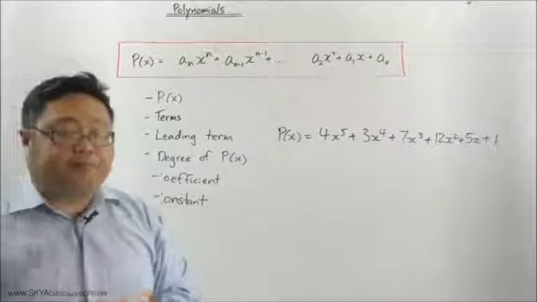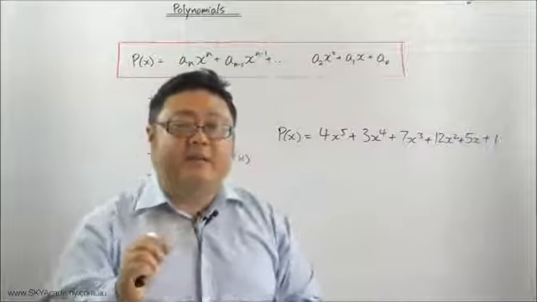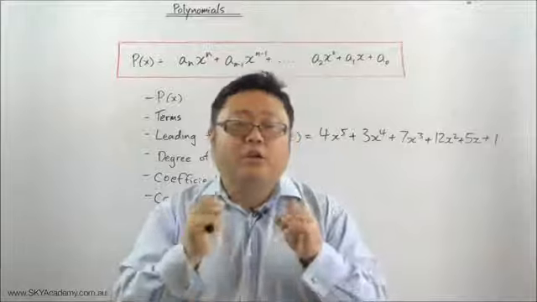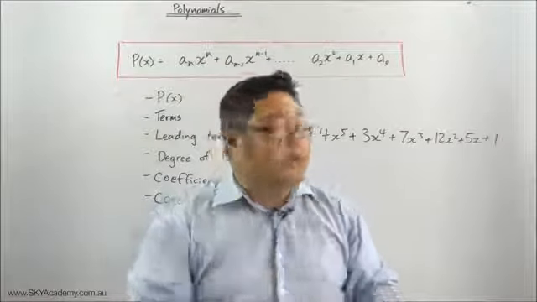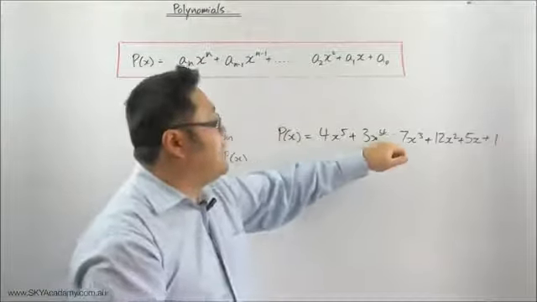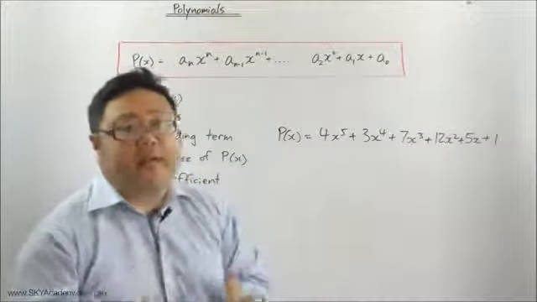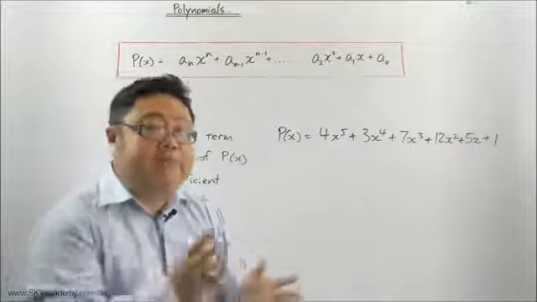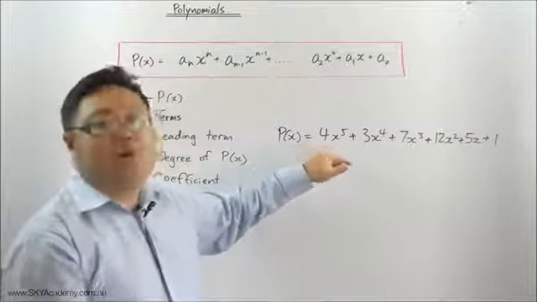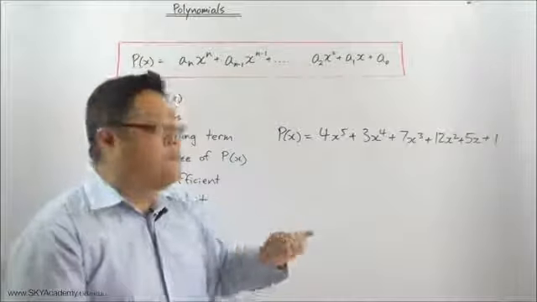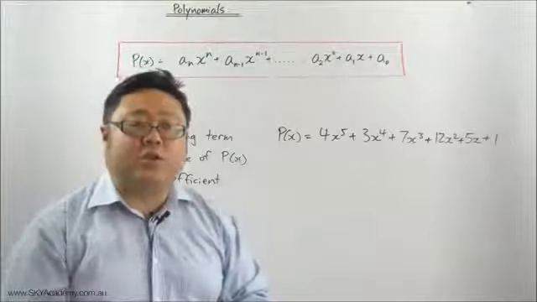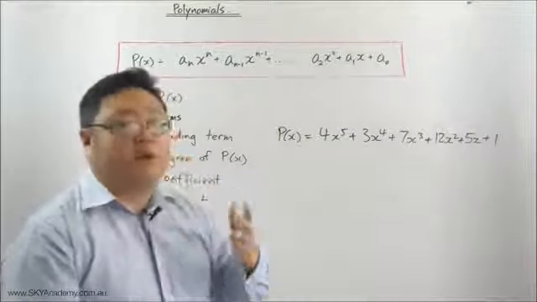Okay? Now, when it comes to extension 1 work, usually what you will find is the coefficients of the polynomials will be integers, all right? Either positive or negative, all right? It is possible to have non-integer coefficients, and sometimes in extension 1 you will deal with non-integer coefficients.